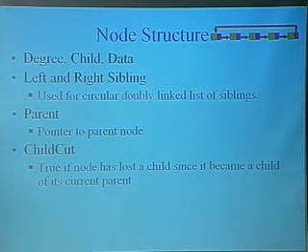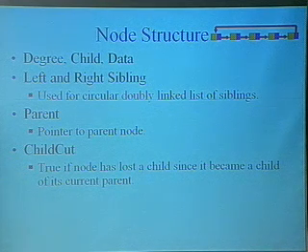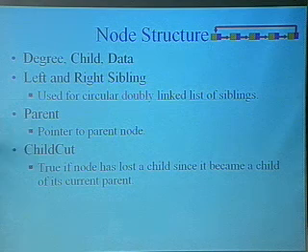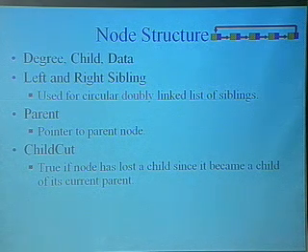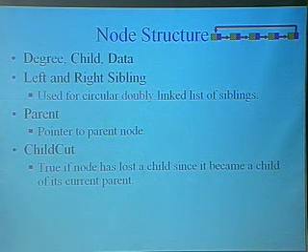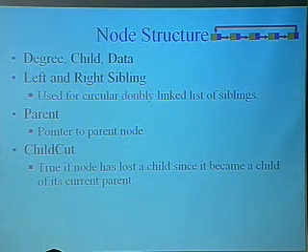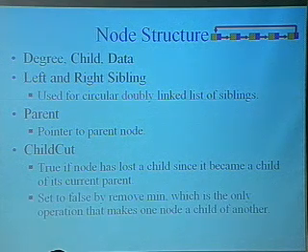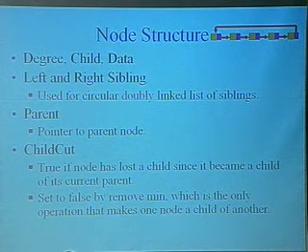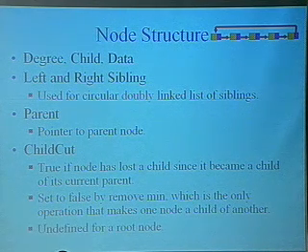Sounds a little complicated. It'll become clear when we look at an example. Okay. Right, so that's a Boolean field. That's a pointer field and two pointer fields. Okay. Right, we'll see in a moment why we need to have doubly linked circular lists rather than singly linked circular lists.